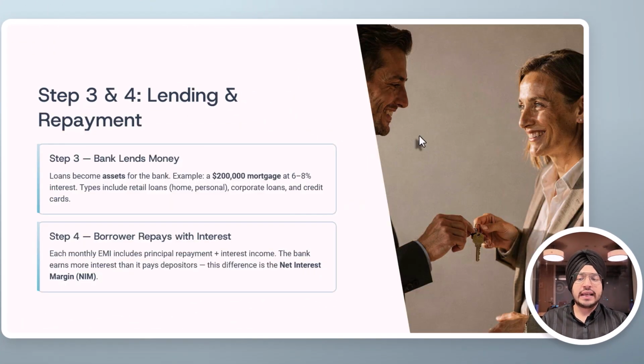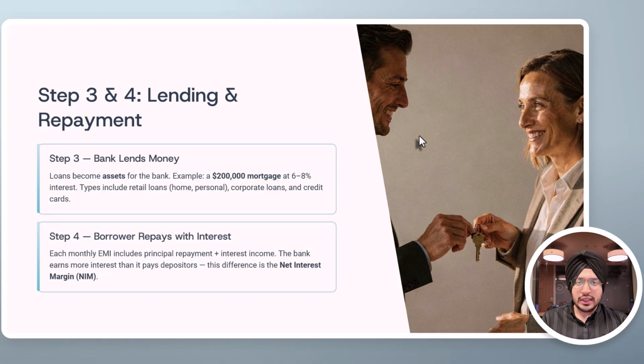Next step is lending and repayment. So the bank will lend that money to the borrowers at a greater interest than the interest that they need to give to the customer. And after that, borrowers will repay with interest to the bank through EMI or other options.